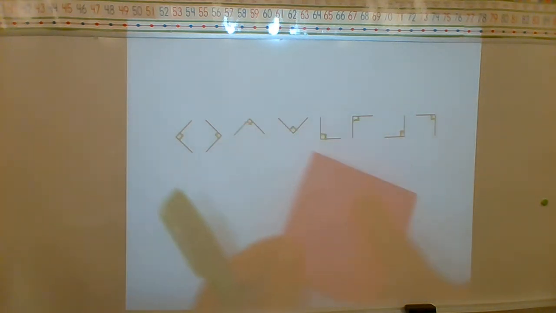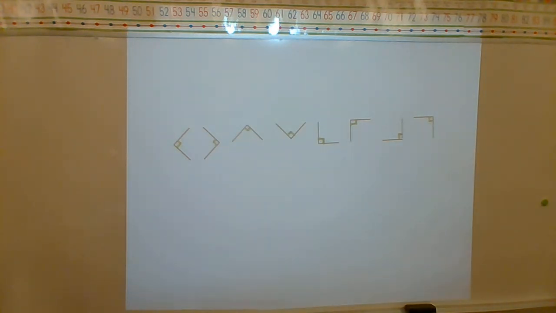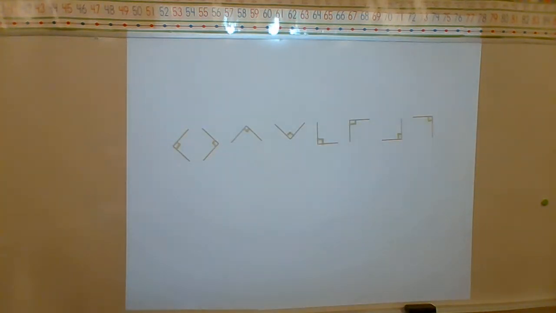So if I ever am not sure, I can slide it in and double check. You can use a piece of paper as a right angle checker.